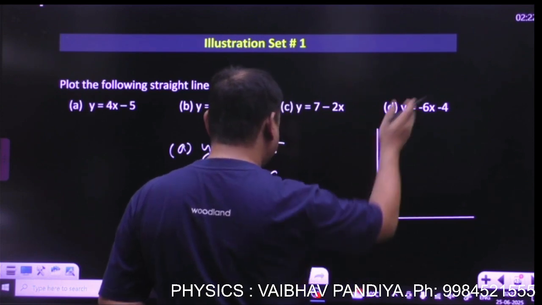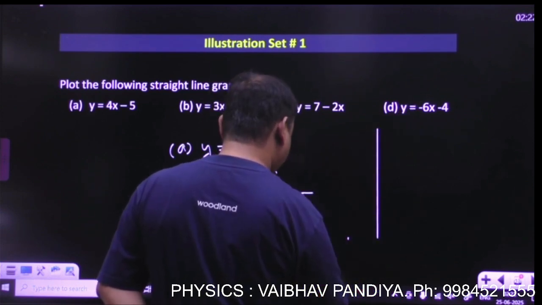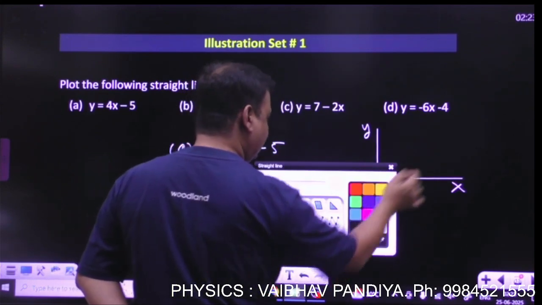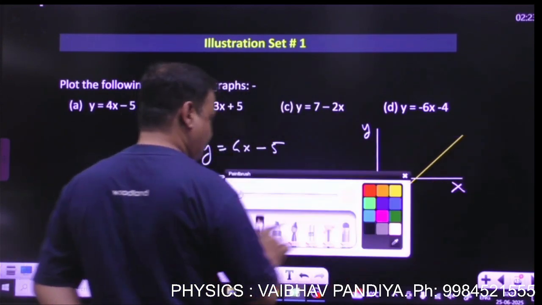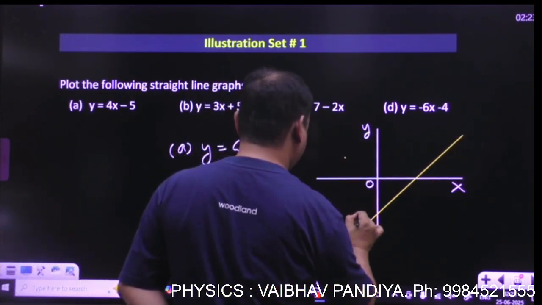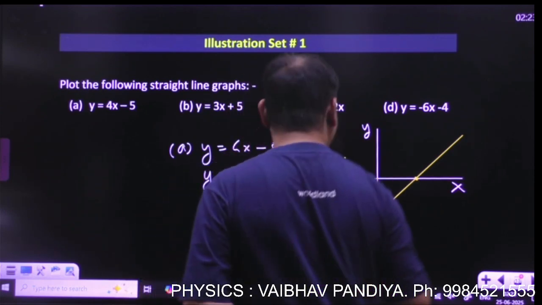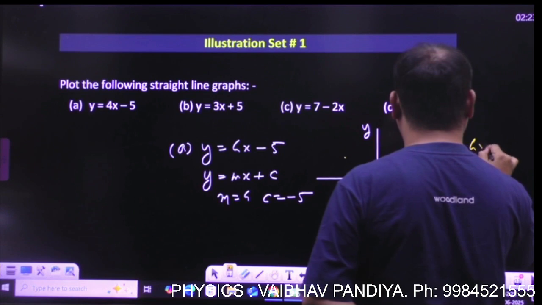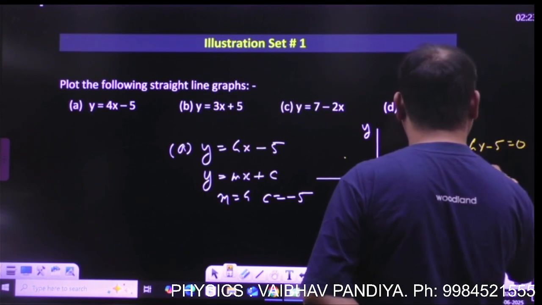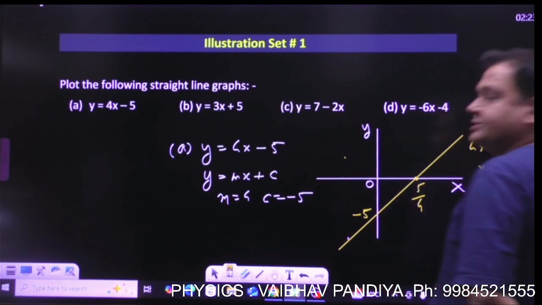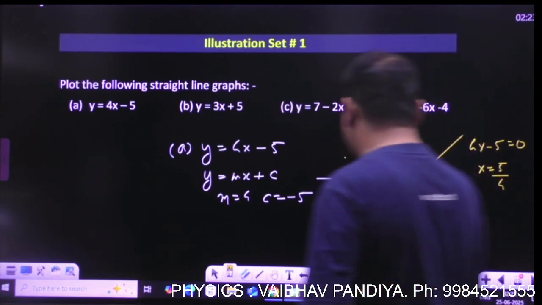The slope is positive, graph will go upward, and your intercept is negative. So my graph will have a nature like this. And this will be what? Minus 5, and this value is the value of x when y is equal to 0. So if you put y is equal to 0, I will get 4x minus 5 will be 0. So x will come to be 5 by 4, correct?